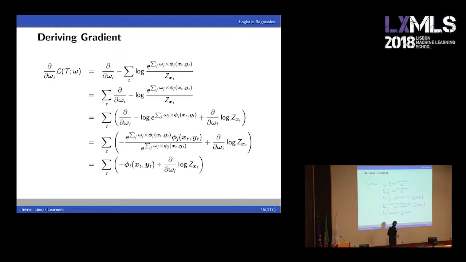Then the derivative of e up to the something is e up to the something times the derivative of the inner. And the derivative of our linear function is just a feature. So the derivative of the sum over j of wj times phi j, if we take the derivative with respect to wi, gives us phi i.